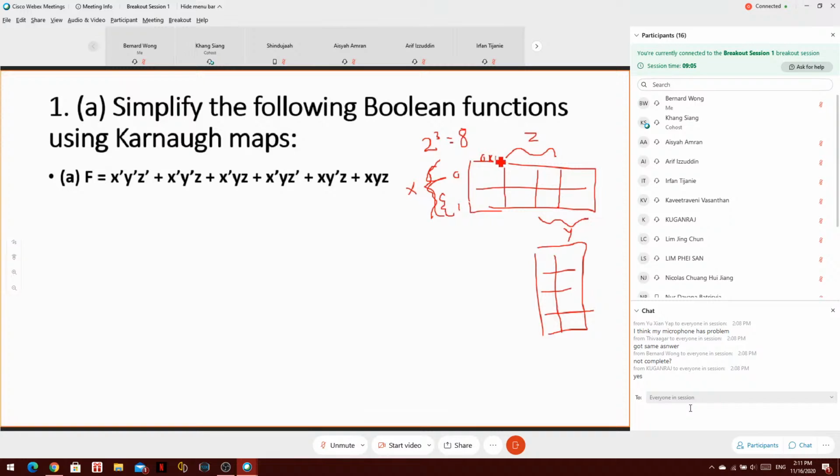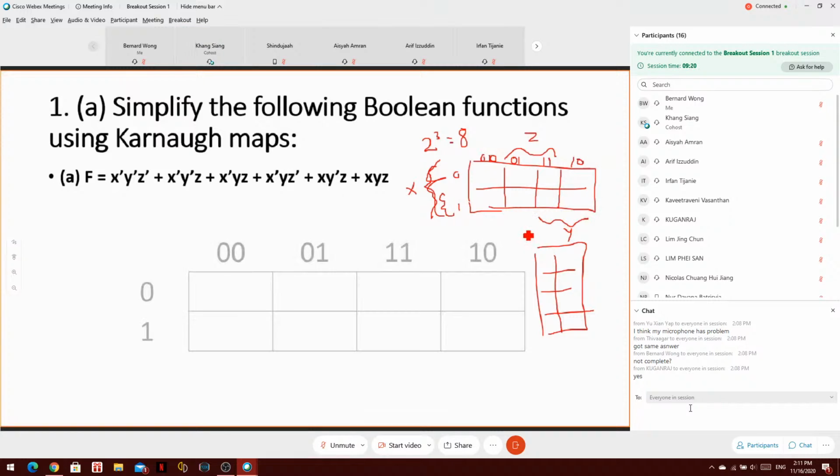Oh sorry, 0, 0, 0, 1. And then remember, you cannot have the same amount here. So it should be 1, 1 here. It cannot be 1, 0. That's the rule. And then 1, 0 should be here. So in overview, you should create something like this.